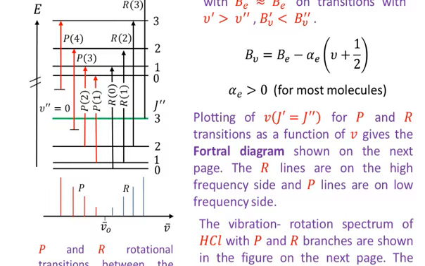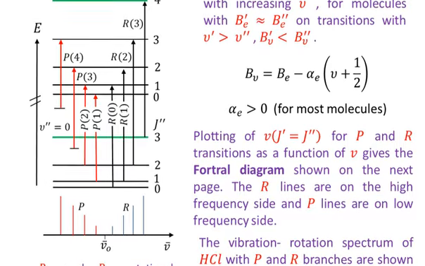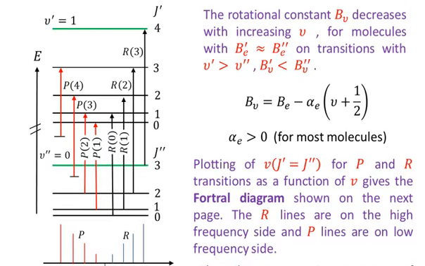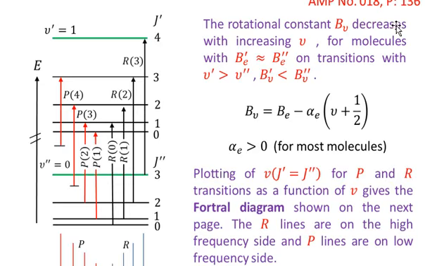And I have also shown the transitions between these levels. In the absorption, I have shown the transitions. For example, the transitions in black, which we call the R transitions. For example, R0, R1, R2, R3, these are the 4 transitions.